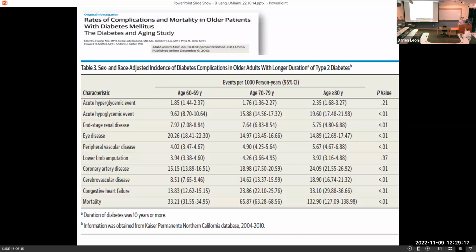I just want to point out a couple of things in this table. You'll notice that the octogenarians have a very high rate of mortality, of course, compared to people in their 60s and 70s. But notice the difference between acute hypoglycemia and the cardiovascular event rates. Compare the hypoglycemia rate to the rate of DKA, end-stage renal disease, and eye disease.